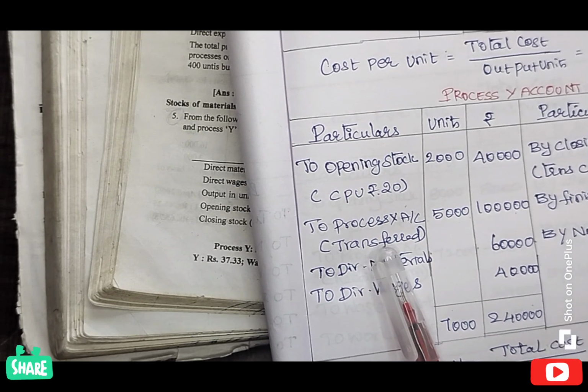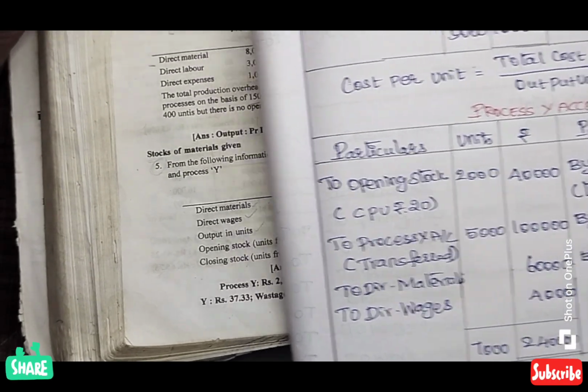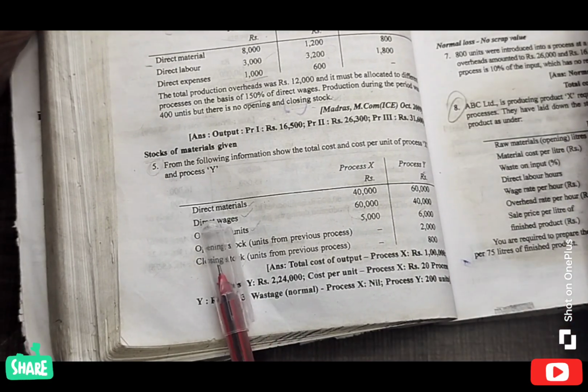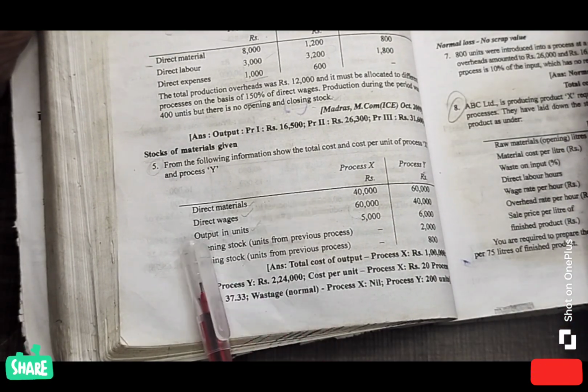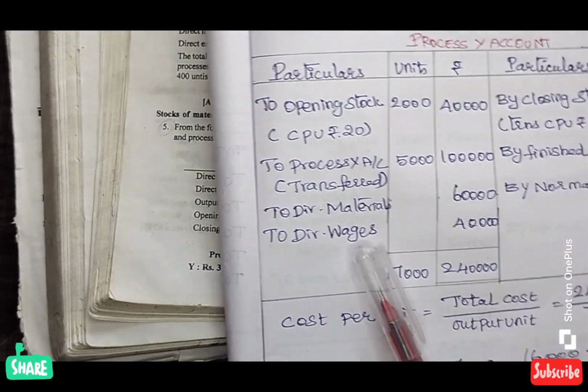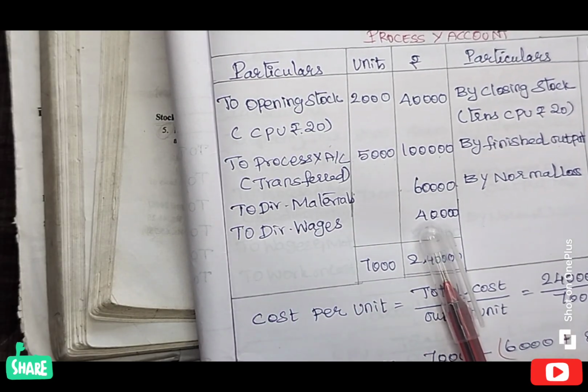Then the additional cost given in the question for process Y will be entered. What is the additional cost? They have given direct material 60,000 and direct wages 40,000 rupees, and these will be entered on the debit side.